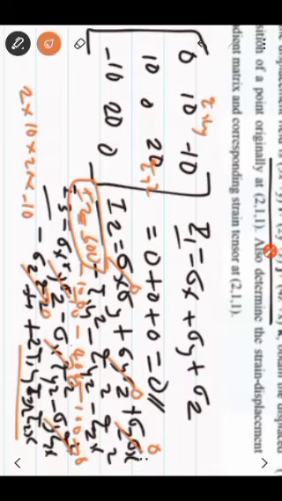So you have 2 into minus 2000, that is equal to minus 4000. So this is the stress invariants. We have found out the stress invariants here.